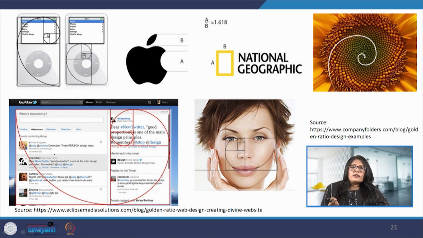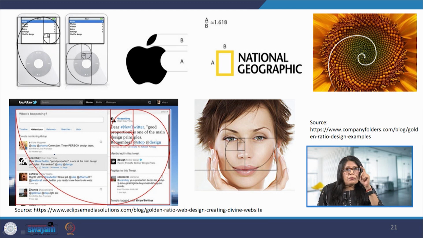Now, print designers have used this for many years in the way they prepare the layout, the foundation of the layout that they prepare. Even web designers have used this. We can see a few examples here on the screen. The Twitter layout, we can see how it is made up of the golden rectangle, and then the golden spiral is being formed there.